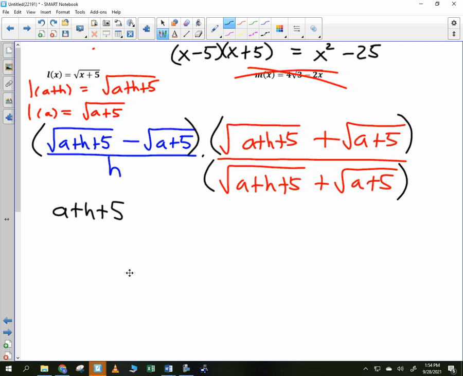If I multiply these two and these two, do you agree that those two sets are going to be the same? It's just one's positive and one's negative. So that will end up disappearing, right? And then you have the last part, which will be square root of a plus 5 times square root of a plus 5, which is just a plus 5, right? Will it be positive or negative? Negative. So it'll be minus a minus 5.